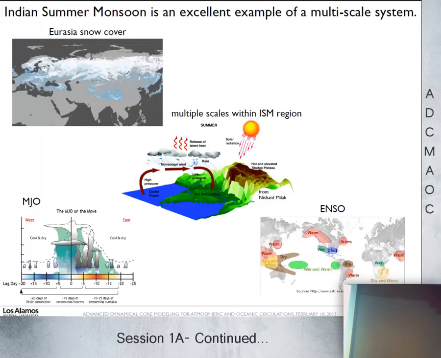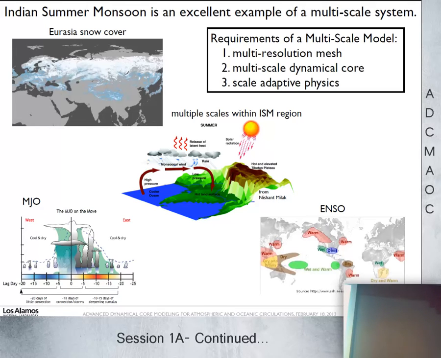Then if we look towards the extratropics, we have snow cover and other large-scale features that impact the Indian monsoon. So what we need is a way to put the majority of the computational resources in our domain of interest, but put enough computational resources in the large scale so we get the right connectivity between our area of interest and the rest of the sphere.